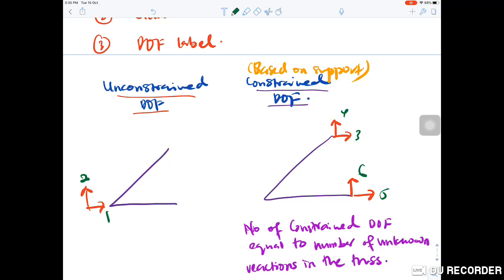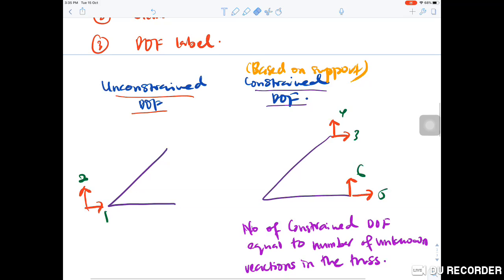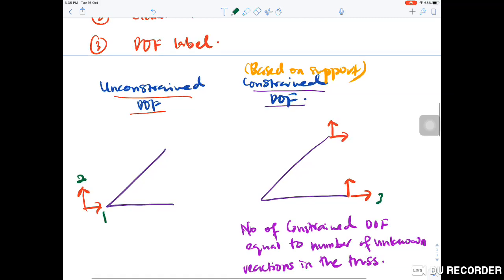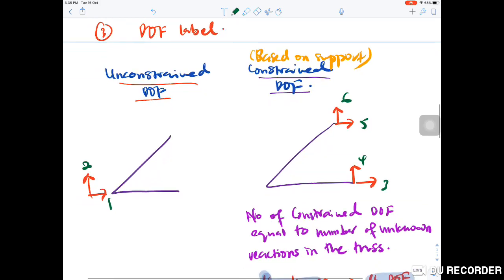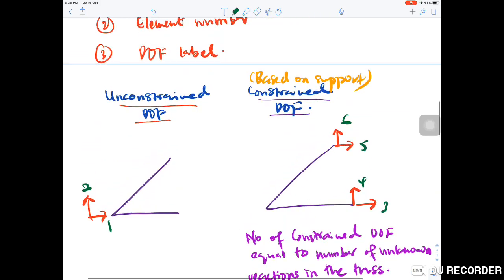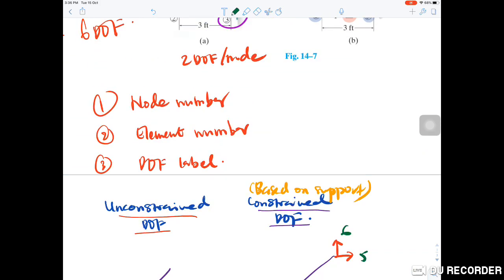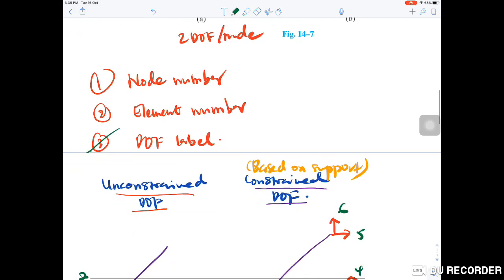However, what we need to follow is to label the unconstrained system first, followed by the constrained system. We refer to the same labels: 3, 4, 5, 6. So we finish labeling the degrees of freedom.